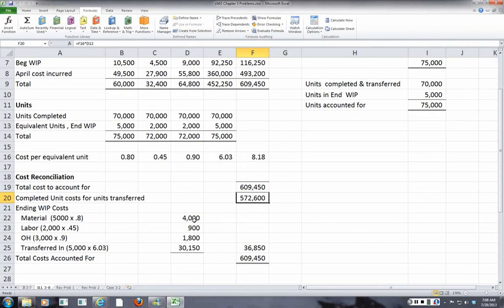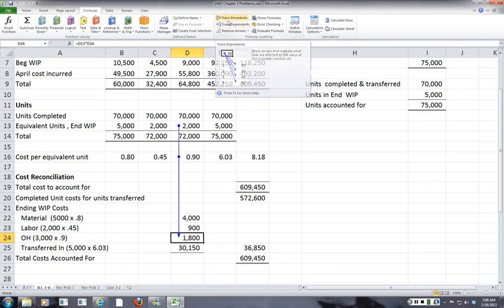To that we have to add our ending WIP inventory, which is $4,000 here, and we get that by multiplying 5,000 completed units by 80 cents. Labor is 2,000 units multiplied by 45 cents. And then overhead is 2,000 units multiplied by 90 cents.